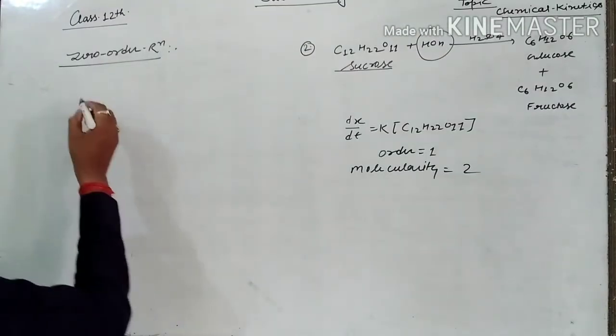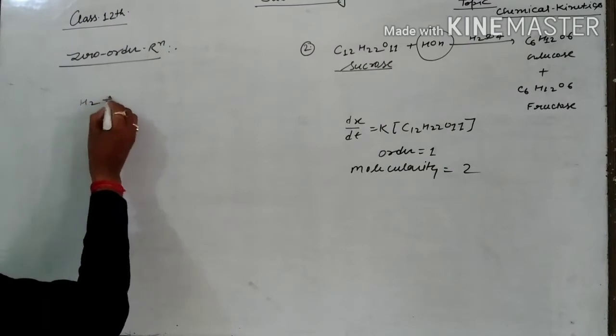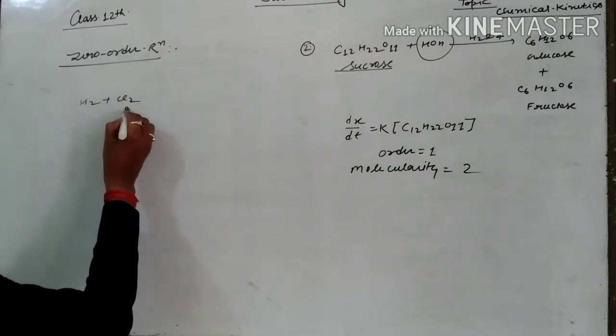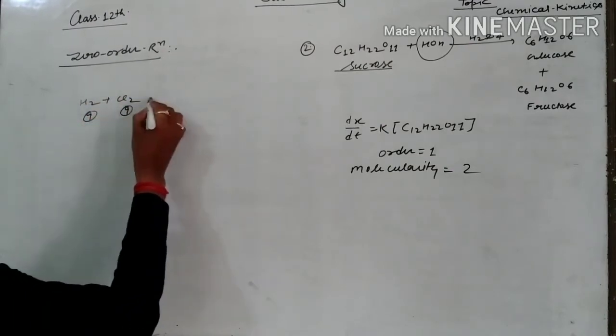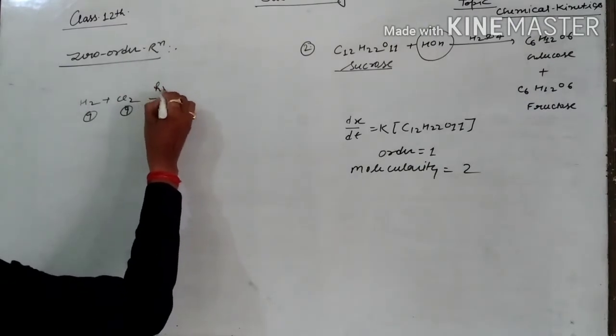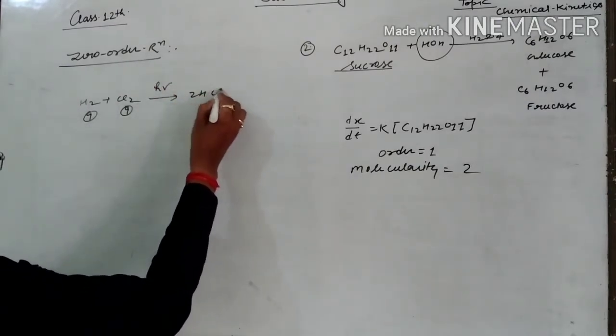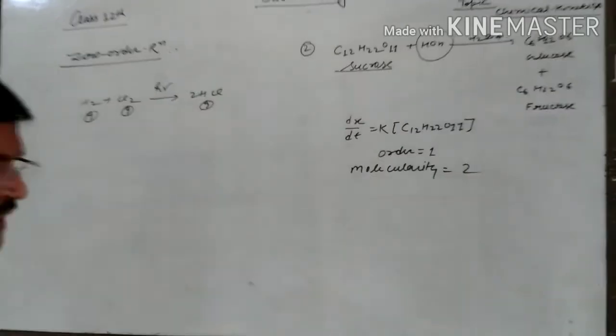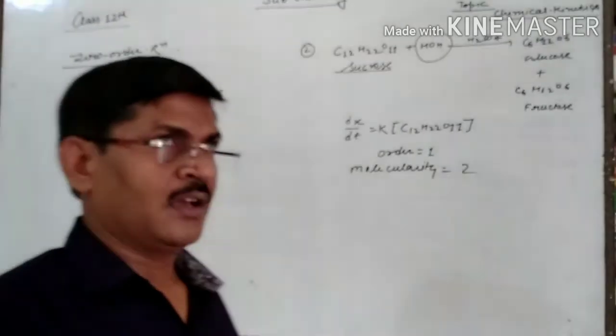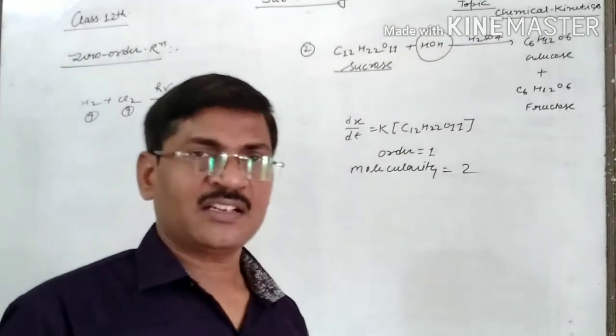If a reaction is given, suppose here, in presence of sunlight, it will give hydrogen chloride in gaseous state.